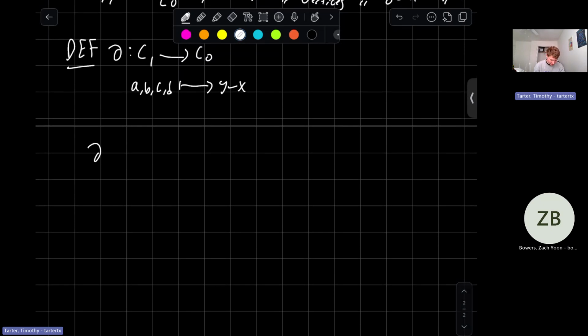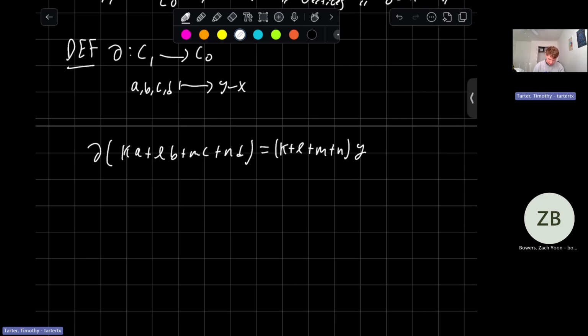Thus, we have that partial of Ka plus Lb plus Mc plus Nd is equal to (K plus L plus M plus N) y minus (K plus L plus M plus N) x.